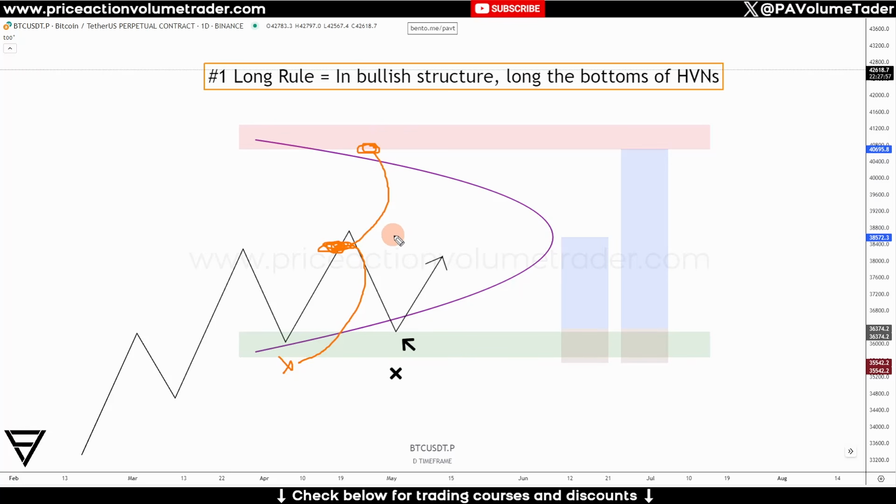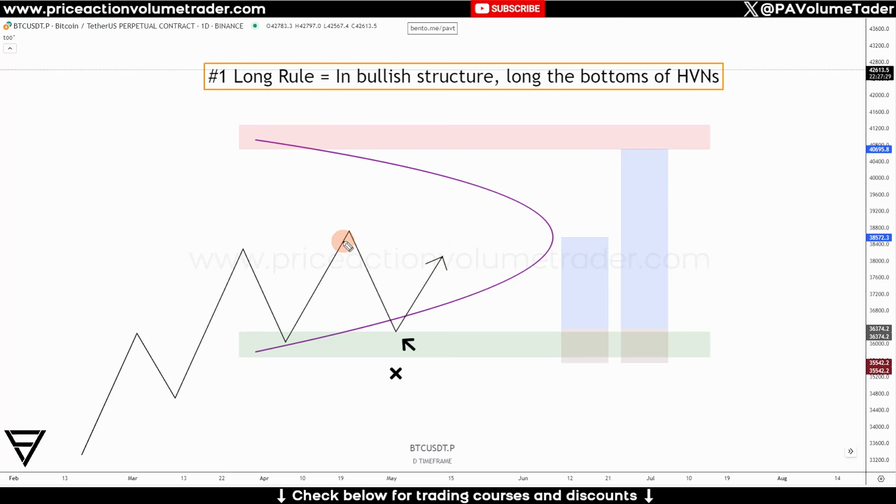Also, the middle areas of the high volume nodes, meaning the points of control, are areas where price tends to get sticky and choppy. When a market is ranging, that's because it's building a large high volume node, and price is going to tend to mean revert back into the center of the high volume node.